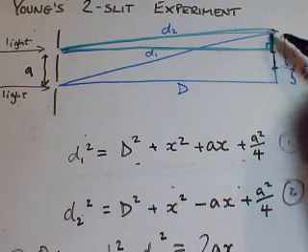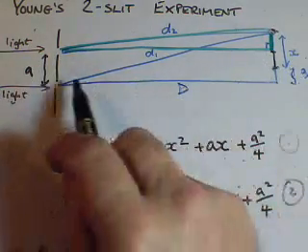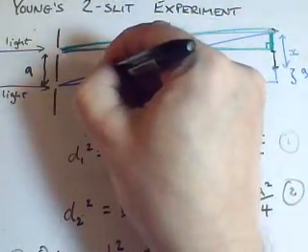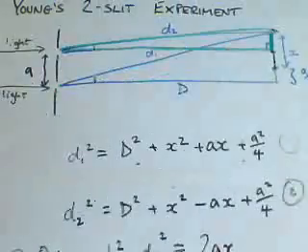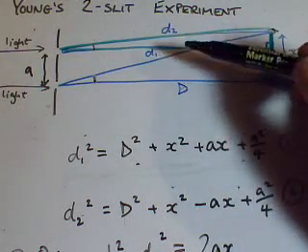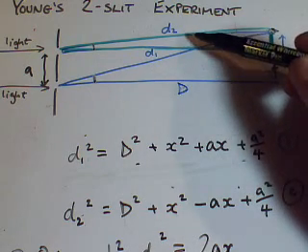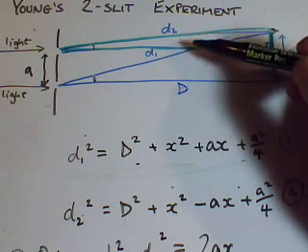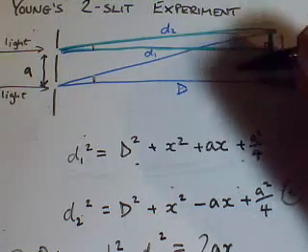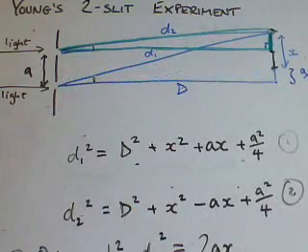Certainly a lot smaller distances are involved at this end and this end compared with this distance between them, which means that these angles I've drawn as quite appreciable are really tiny, and d1 and d2 in percentage terms will be hardly any different at all from d. Remember, the difference in length of d1 and d2 is just one wavelength of light. It's a tiny number. So all the vertical distances here are tiny compared with the horizontal distances.